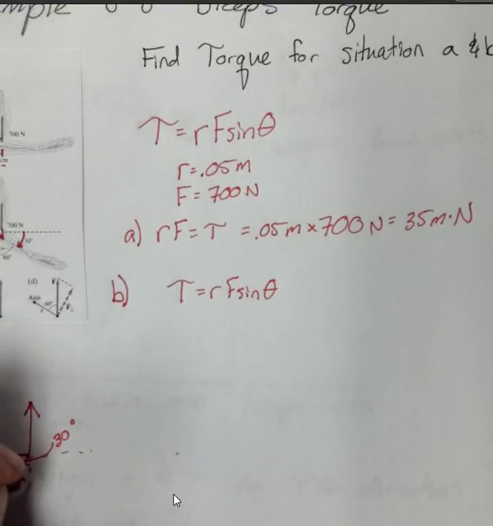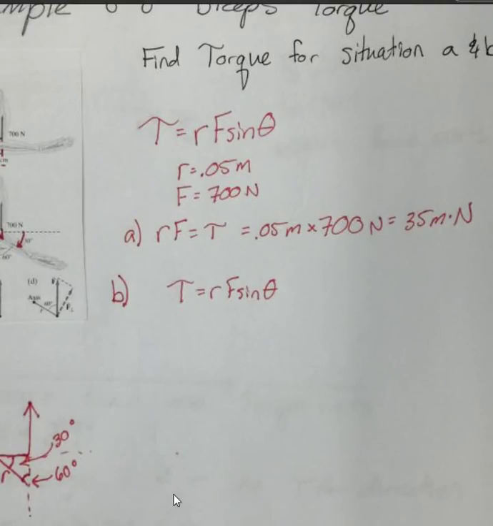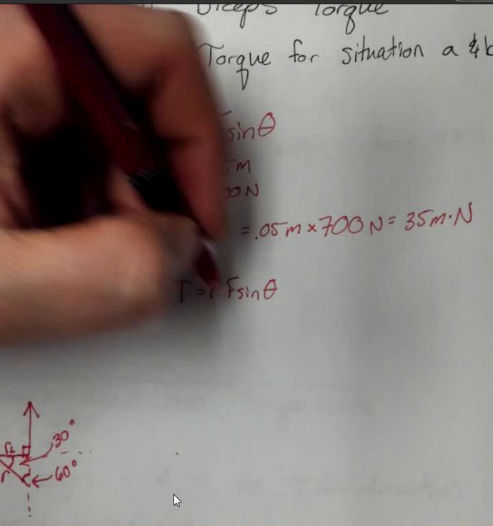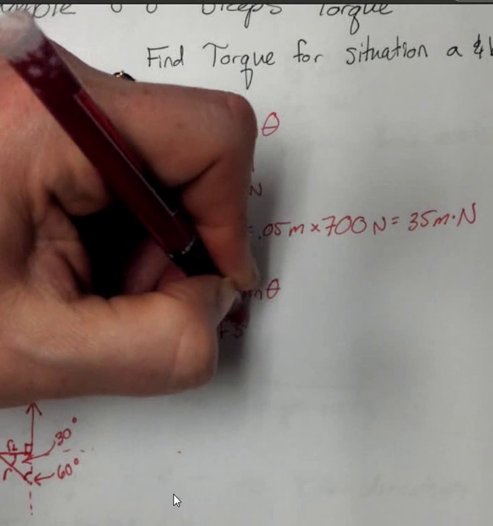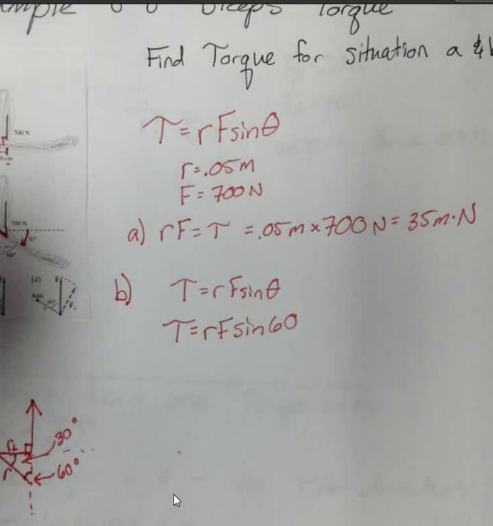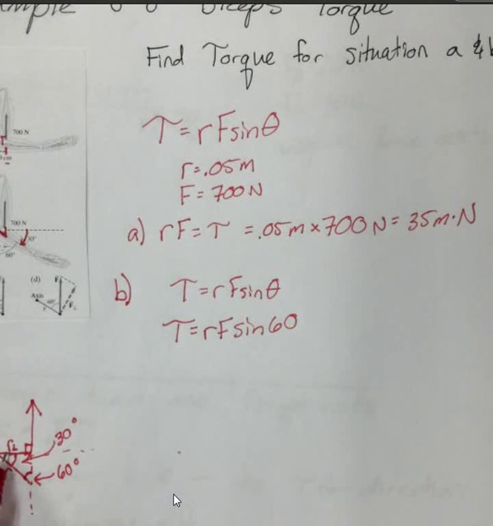So now this value right here is 60 degrees. And that's your R. We want to find the perpendicular, so we're trying to find R perpendicular. R perpendicular is opposite to 60 degrees, so we can find that as tau equals RF sine of 60. And that's for finding the perpendicular lever arm.